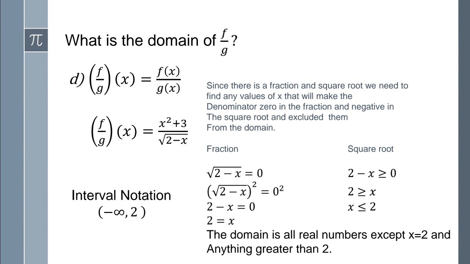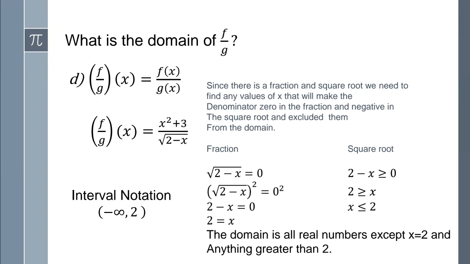So the interval notation would be from 2 to... no, hold on guys. Let me see here. If I have 2, 2 minus 2 is 0. If I have 3, so no, anything bigger than 2 cannot be used. So it's from negative infinity to 2. So my notation is correct. Sorry. Okay. Does everybody see that, right?